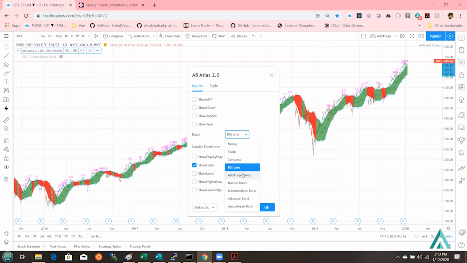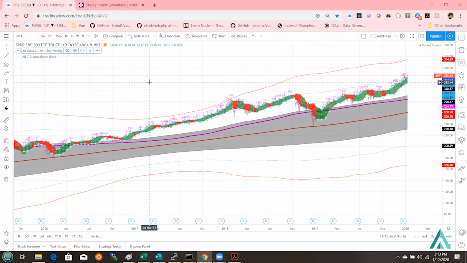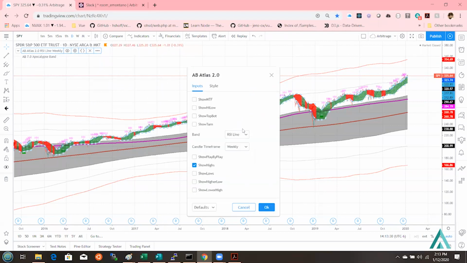How I use it, so if I'm going to actually turn on the band one more time to show you how best practices to use this second indicator. Atlas is basically taking all of the things that I was trying to put into the band and taking away the noise, so that way you can actually focus on what you want to focus on without having all this additional.